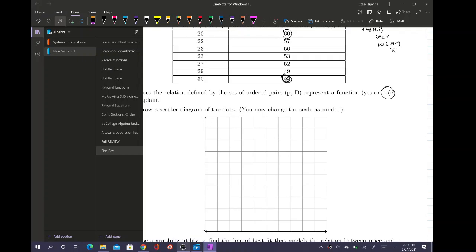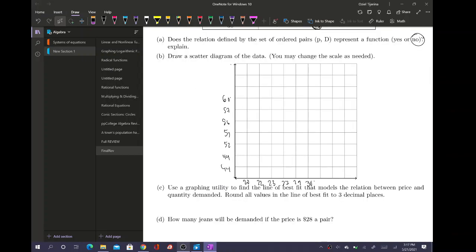So let's see here. Give me 1 second, guys. Okay, so let me just plot the points. There's 20 and 60, right?